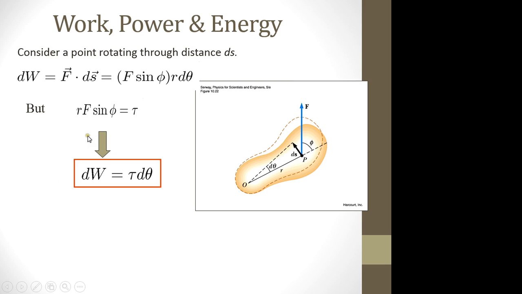So the right hand side, F sine phi times R, becomes torque. Torque times d theta is dW. The work done on it is tau d theta.